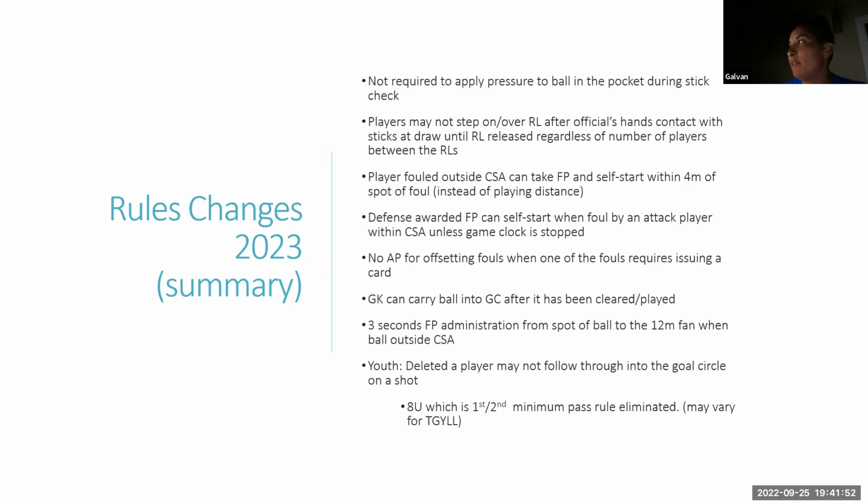Defense awarded free position can now self-start when fouled by an attack player within the CSA unless the game clock is stopped. So currently, 2022 rules is anything in the CSA, whether we're coming in or out, meaning defense is taking the ball out, it is a whistle start. So in 2023, that will change: if there's a foul on defense in the CSA and they're getting the ball, they can automatically self-start at that time unless the clock is stopped for an official's whistle.